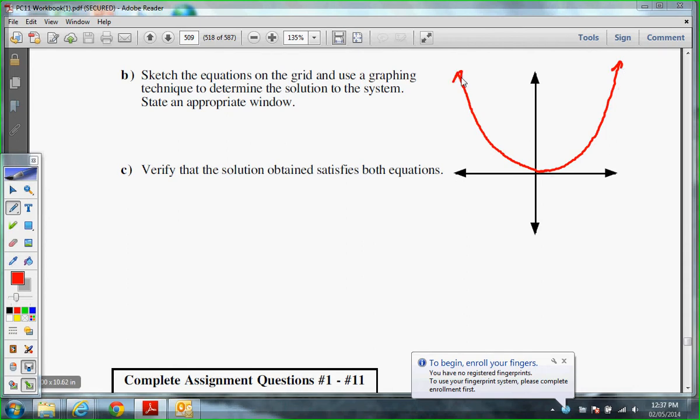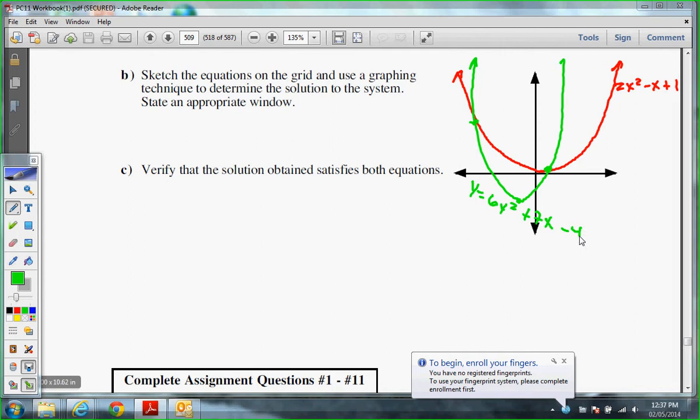the red line is the 2x squared minus x plus 1 line. The green line is the 6x squared plus 7x minus 4.